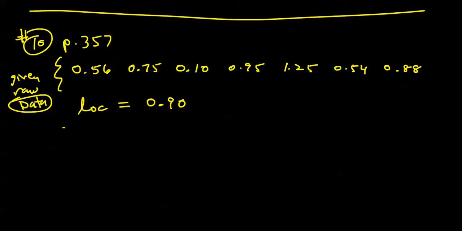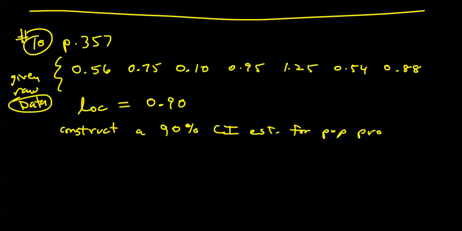So we want to construct a 90% confidence interval estimate for the population mean of mercury levels in parts per million for all sushi fish of all time.